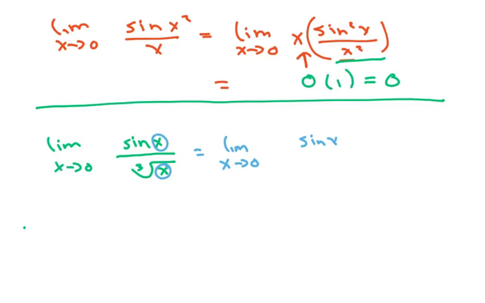That's what I want. But to have that on the outside here, I'm going to have to multiply it by cube root of x squared, or x to the 2/3 basically. And when I plug in a 0 here, I get 0 times 1, which equals 0.